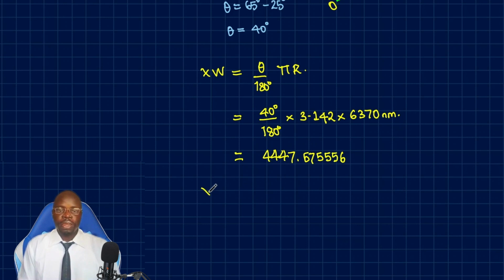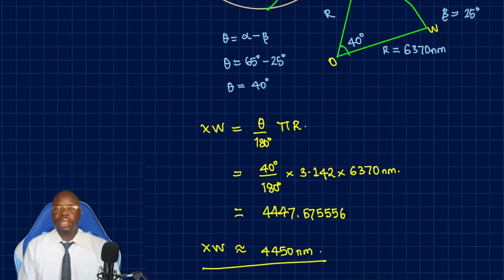Now the distance of XW is approximately, when we round this up, we have 4,450, and that is nautical miles. So that becomes our distance between the two towns, X and W.